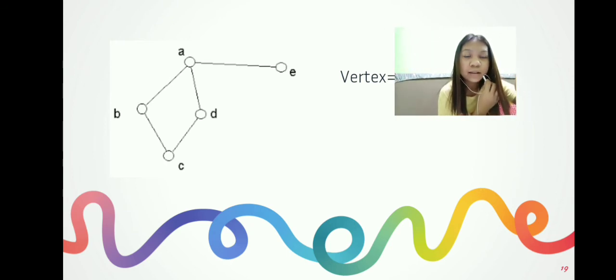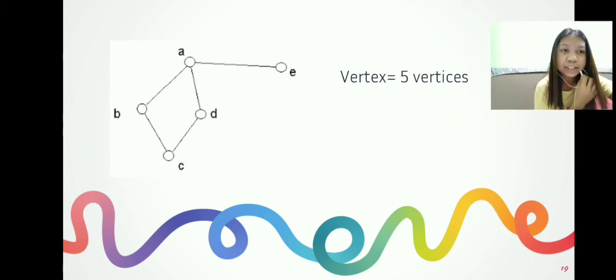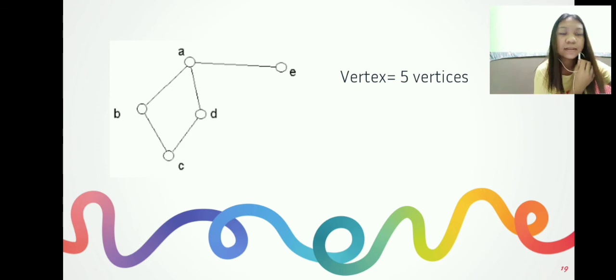See, it has 5 vertices. Remember that a vertex is the circle or the dot represented by the letters.